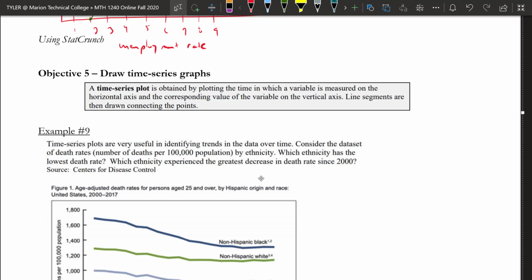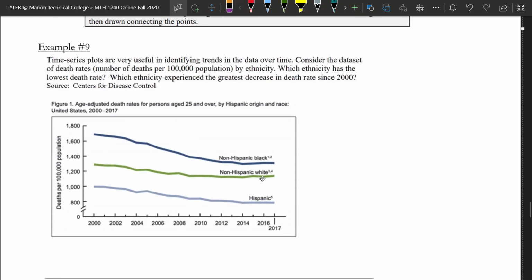Line segments are drawn connecting these points. Something we'll find, like in example 9, is that comparing multiple different groups over time can be helpful. So in this case, we're trying to identify trends in the data over time.